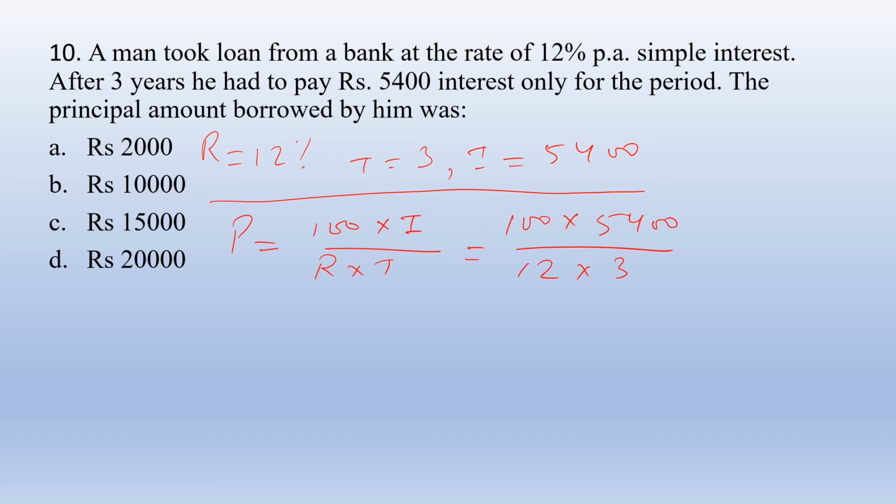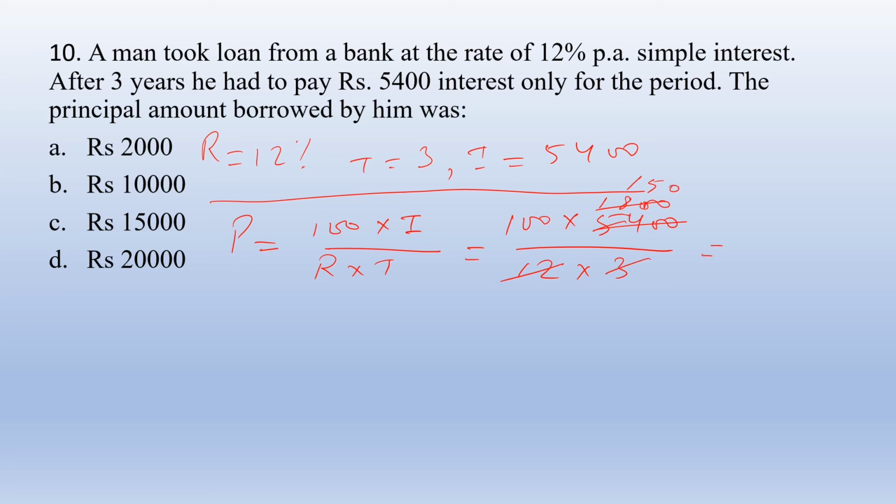So we divide 5,400 by 3, which gives 1800, and 1800 we can divide by 12, which gives 150.